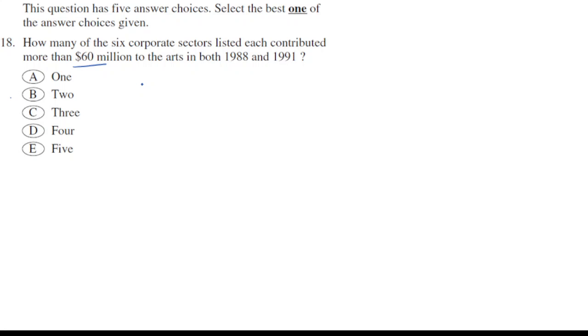So first I am going to find out how much percentage is $60 million of the total contribution in 1988, which was $630 million, and then how much percentage is $60 million of the total contribution in 1991, which was $520 million. This can be done easily using your on-screen calculator.